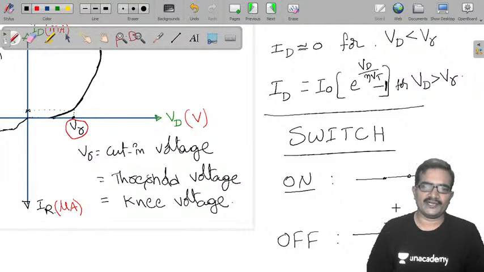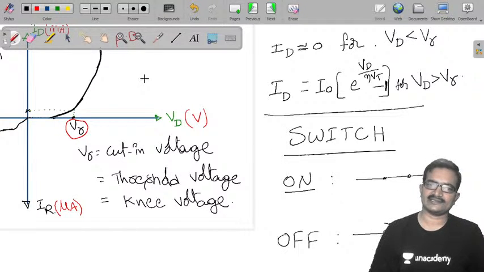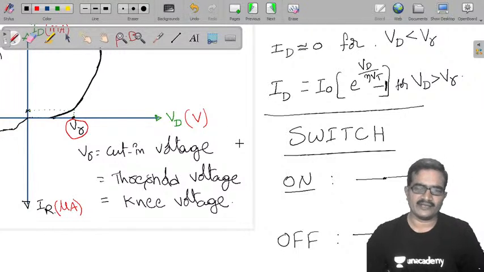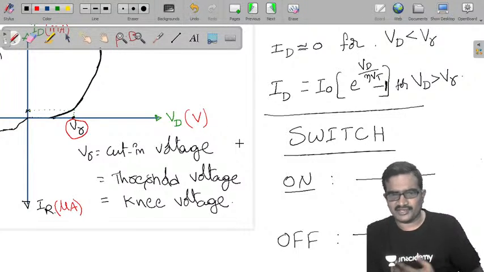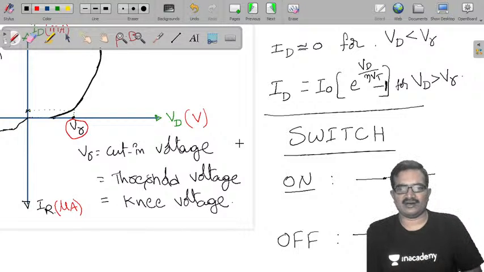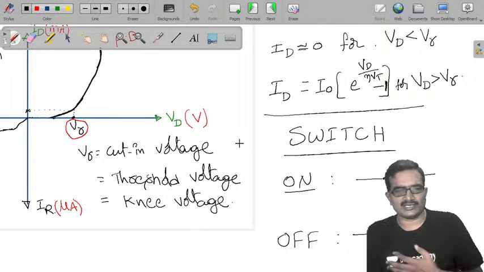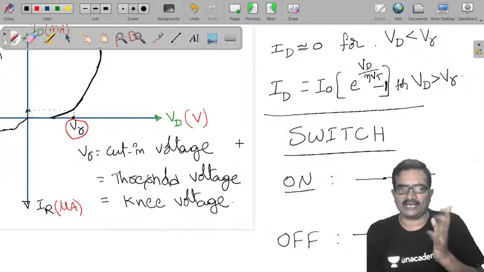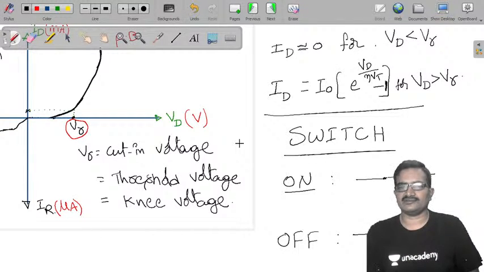Now we need to check whether this diode operates as a switch or not, and if it does, in which region it acts as an on switch and in which region it acts as an off switch. Based on the plot, we calculate the resistance it offers in that biasing region.